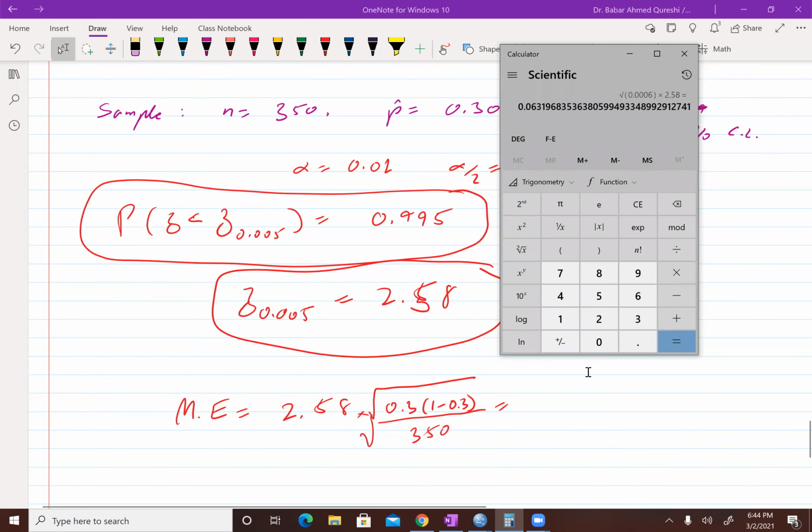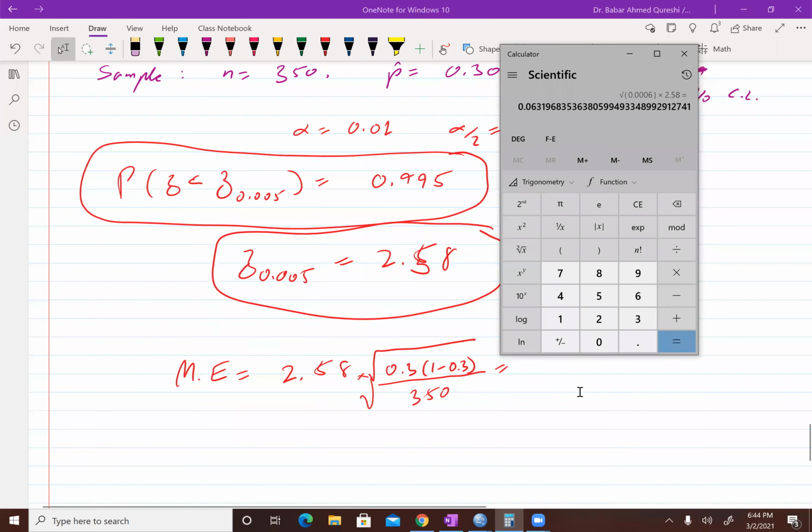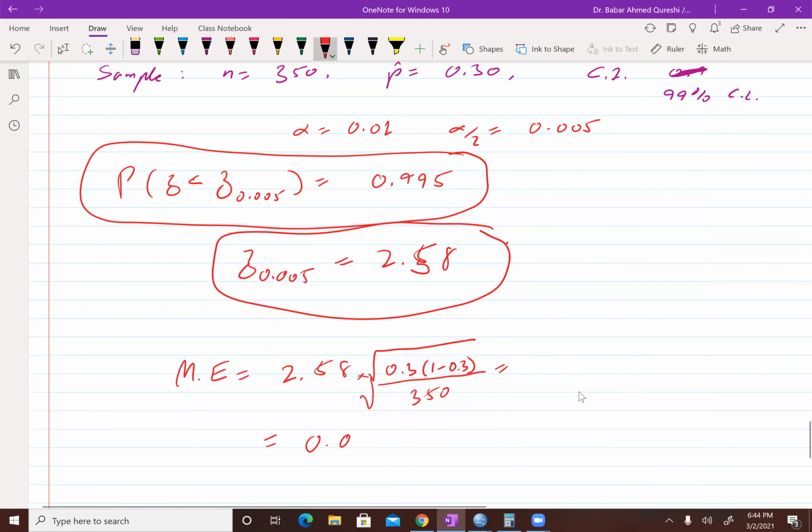So margin of error is 0.063. So it would be around something like that.